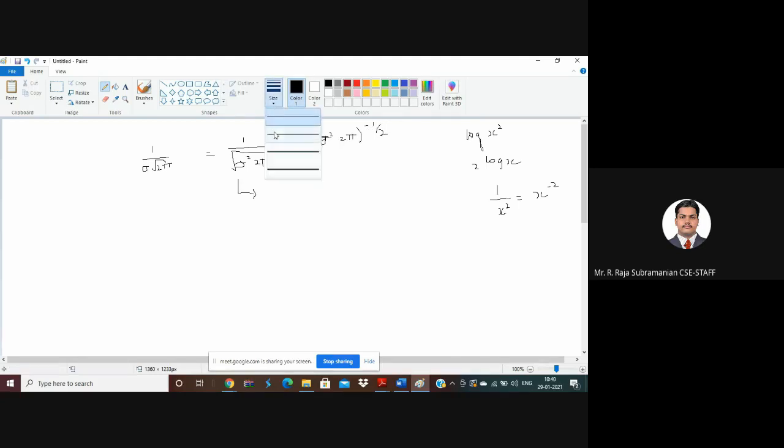So now I write here. Now take log on this. So this will become log 1 minus log of the entire term, sigma squared 2 pi, the whole power minus 1 by 2. Now say, what is log 1?